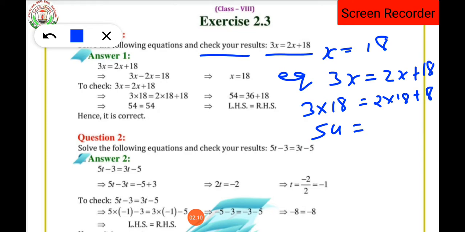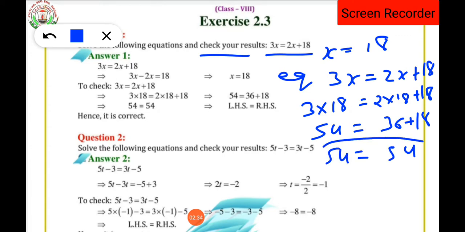Now here 2 into 18 will become how much? 2 8s are 16, 1 carry, here 36 plus 18. So 8 plus 6 is 14, 1 carry, and 3 plus 1 plus 1 is 5. So we can see that 54 equals 54 we will get.